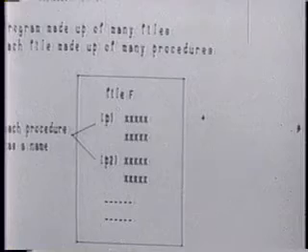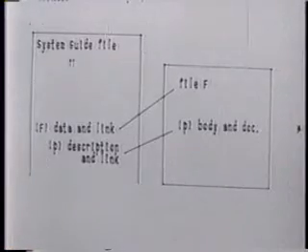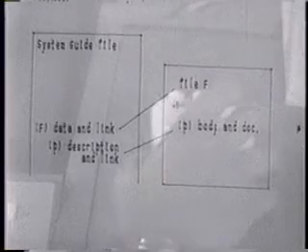In order to start to make use of the tools that we have available in the system to help us with that task, we've put together a system guide file. In this file, for each file in the system, here again using this example of some file F and a procedure P, off in the file F will be the actual body or text of the procedure and some documentation about it.